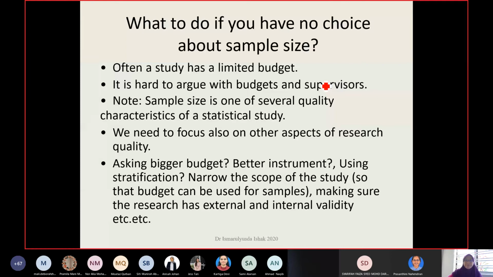So maybe you have to focus on quality, because sample size is only one of several quality characteristics. Other than this, you have to make sure that your research has quality.